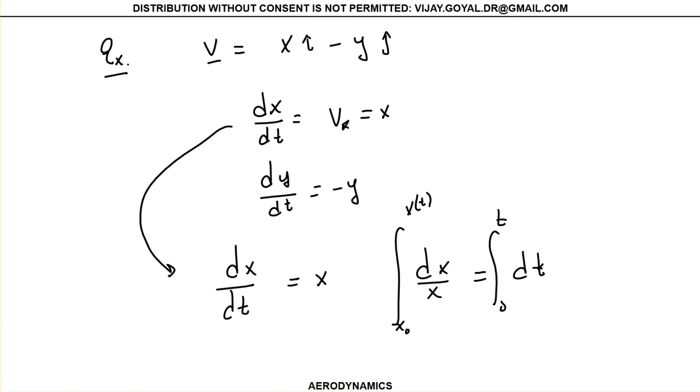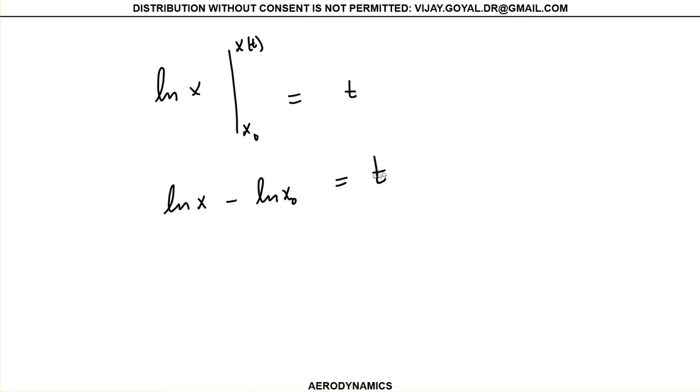If I do that, this integral gives me the natural log of x, evaluated from x sub 0 to the function x(t), and it has to equal t. Then you realize that this gives you natural log of x minus natural log of x sub 0, which is x over x sub 0, equal to t.